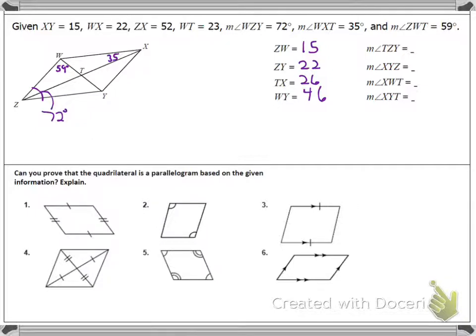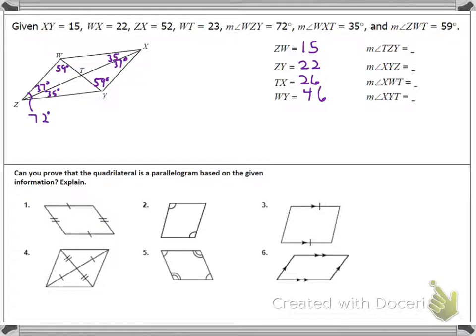So let's get rid of the 72 and write 35. Now we did know that that combined to be 72 degrees, so by using angle addition we have 37 degrees here. Using alternate interiors and the fact that the opposite angles are congruent, I also have a 37 up there. Now we can keep going. Alternate interiors give us a 59 down here, and I start to get two angles of a triangle.